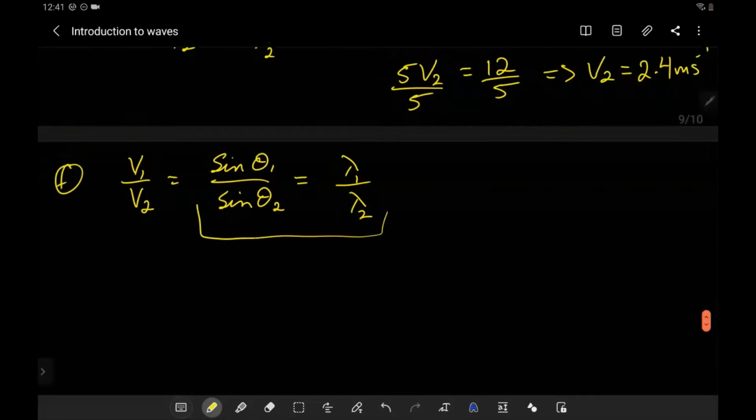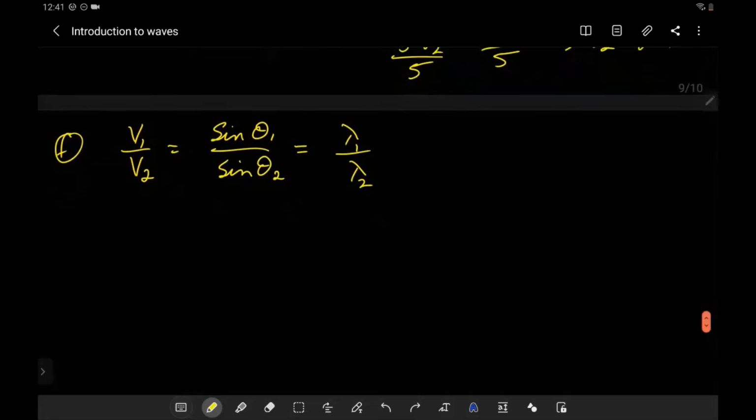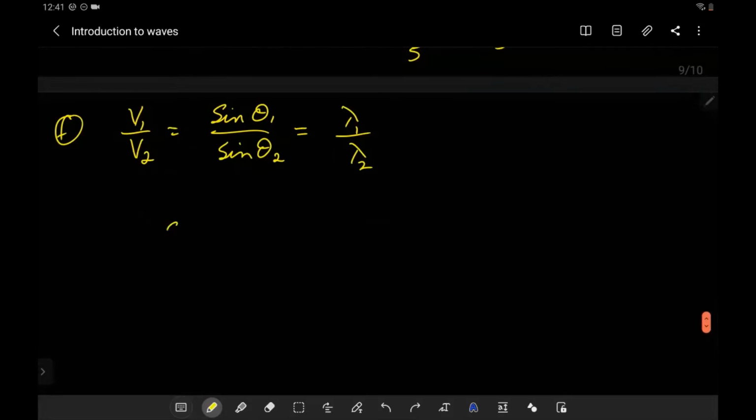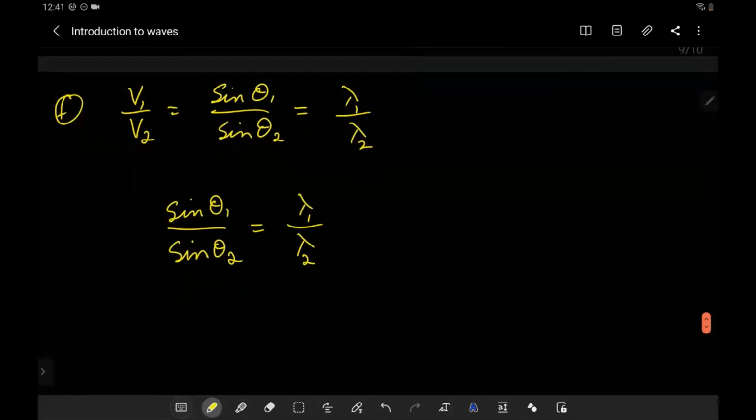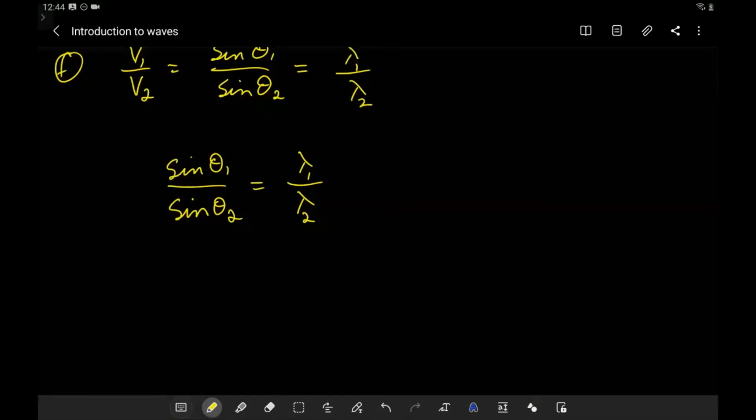Since I was going to use the lambdas earlier, I would just use that one. So I have sine theta 1 over sine theta 2 is equal to lambda 1 over lambda 2. When we come back, we will take a look at it.